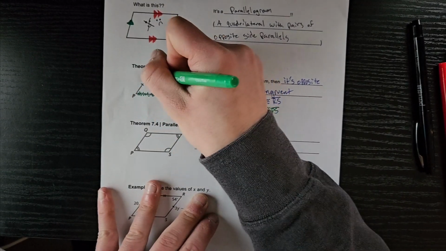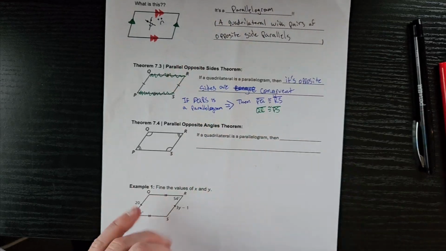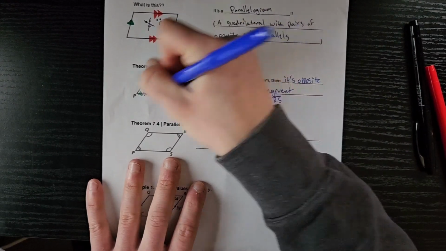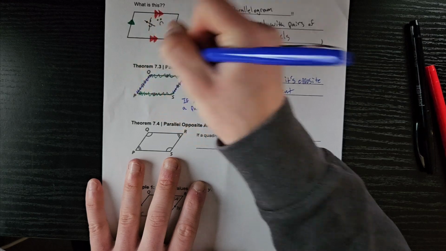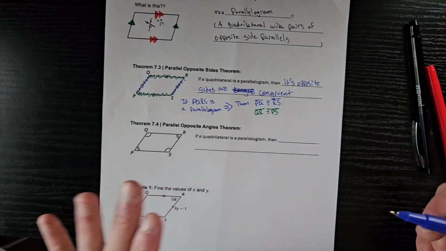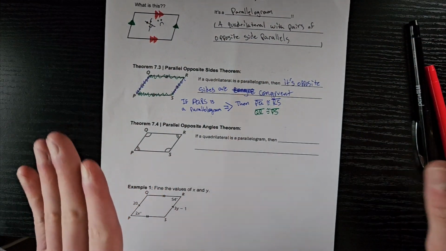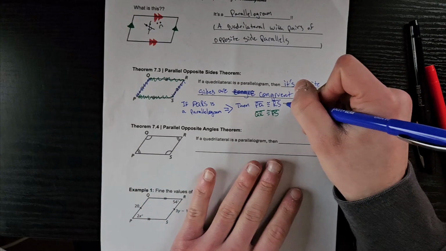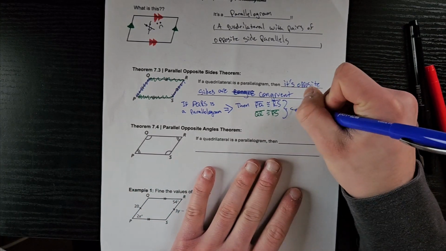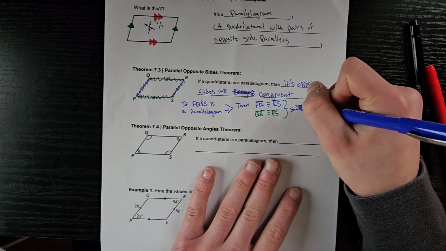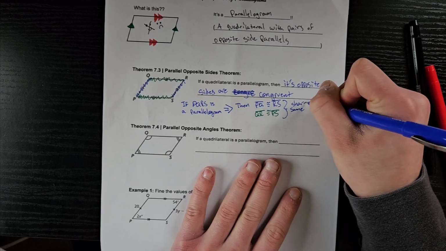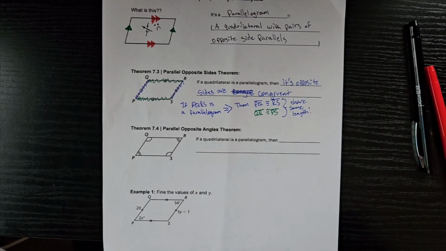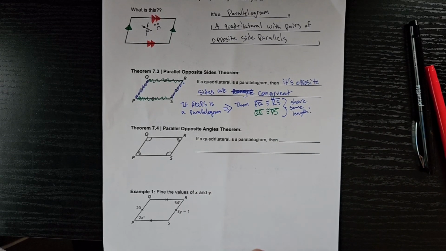So the green lines are going to be parallel with each other, and the blue lines will be parallel with each other. The congruent, I meant congruent, same length. So they share the same length. Cool. That's theorem 7.3.